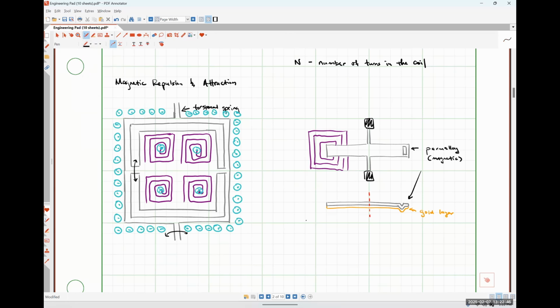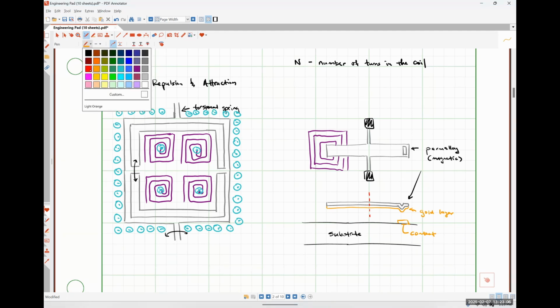Then we might have a substrate. This would be a contact. And then here is our coil, right? So we'll have a couple of wires like so.